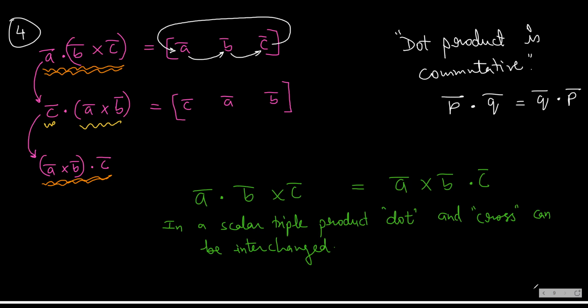Now I go for property number 5. In property number 5, I have several smaller properties which I am going to write now.